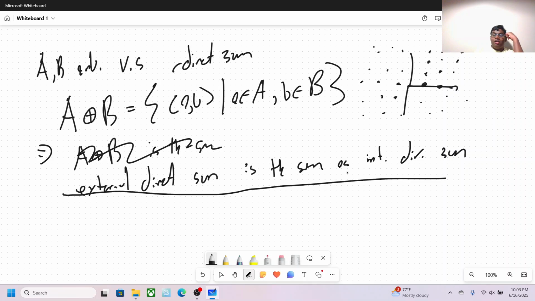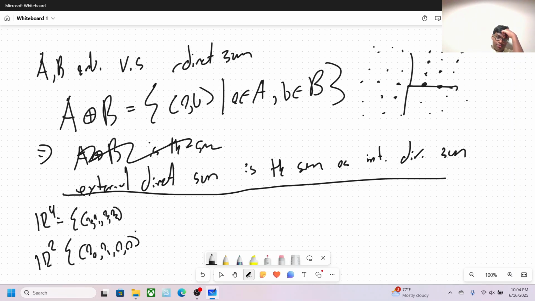You should write out maybe an example. Say take R2 and polynomials in two variables. Or maybe what's a better example? Take R4 to be the set of sequences in 4 elements, a0, a1, a2, a3. Take a copy of R2 to be given by a0, a1, 0, 0.